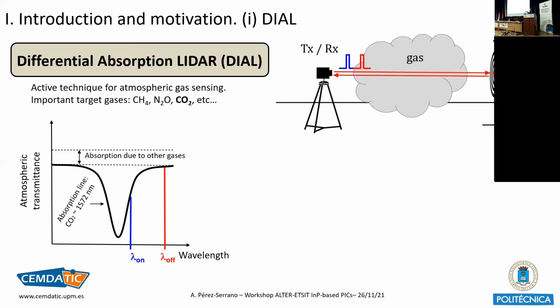So we have this blue one close to the center of absorption of the gas, that is called the online signal, while the red one is outside the absorption line, and we call it the offline signal. With this, you can measure the absorption along the path of the backscatter signal once it interacts with the atmosphere.